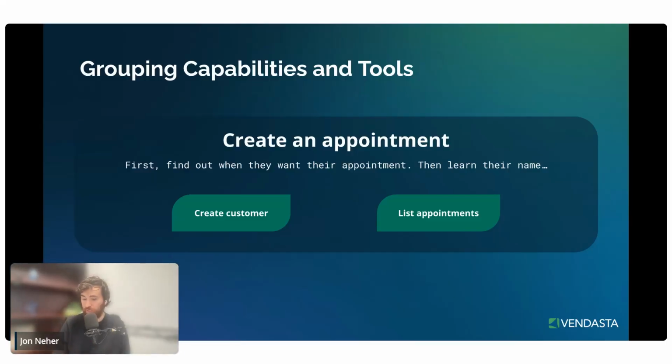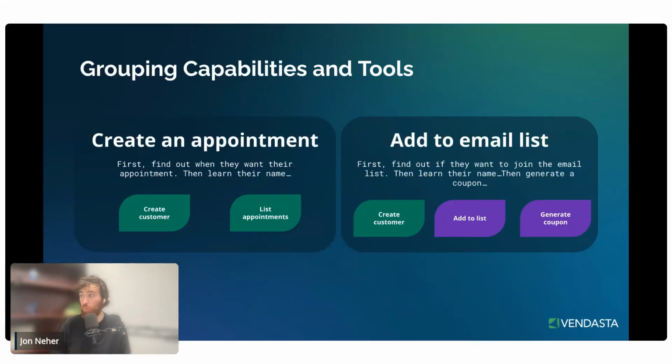Awesome. There are some things where we might actually have the same tool that is used in multiple places, though. So, for example, creating a customer is probably a pretty foundational API. You might need to have a customer created to book an appointment, as well as to add someone to an email list.